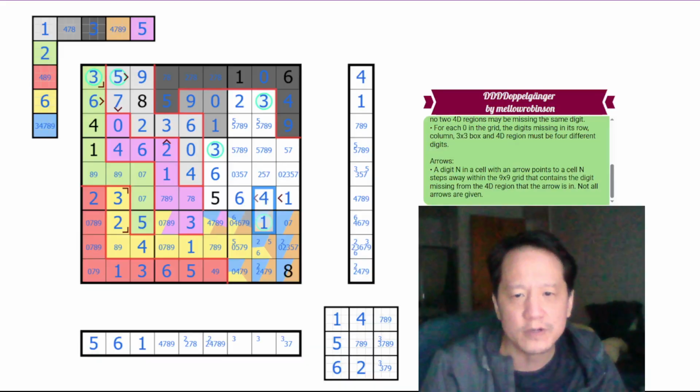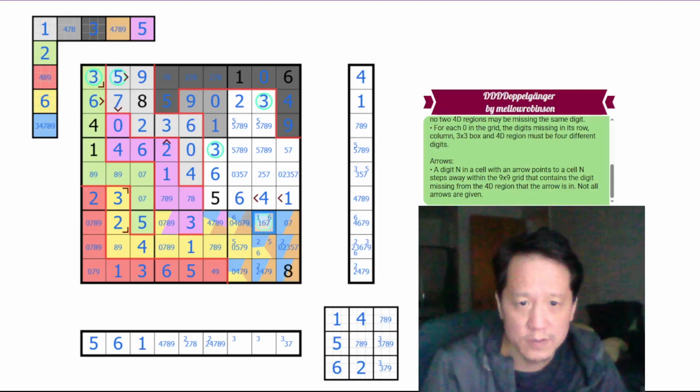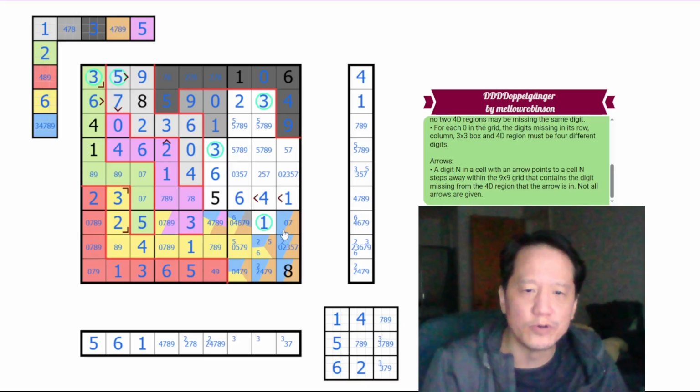So we don't know. So we're missing a 7, 8, and 9 in this cell. So this is not blue. Oops. So this has to be border here. Interesting.